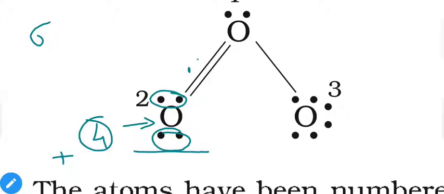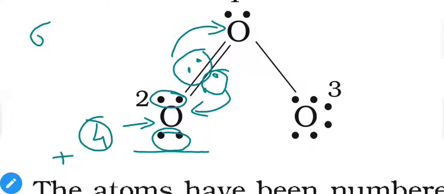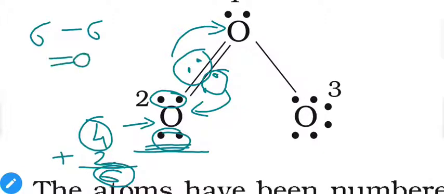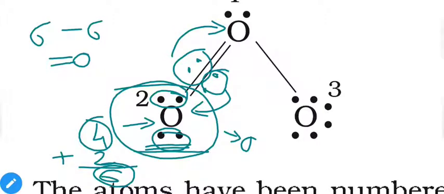That means a total of 4 electrons are used in the double bond, and you have to distribute them equally. So 2 belong to the second oxygen, 2 belong to the first oxygen. So from the shared electrons, 2 electrons are added to our second oxygen. So the total number of electrons in this molecular state is again 6. So 6 minus 6 will be 0. So the formal charge of our oxygen will be 0.